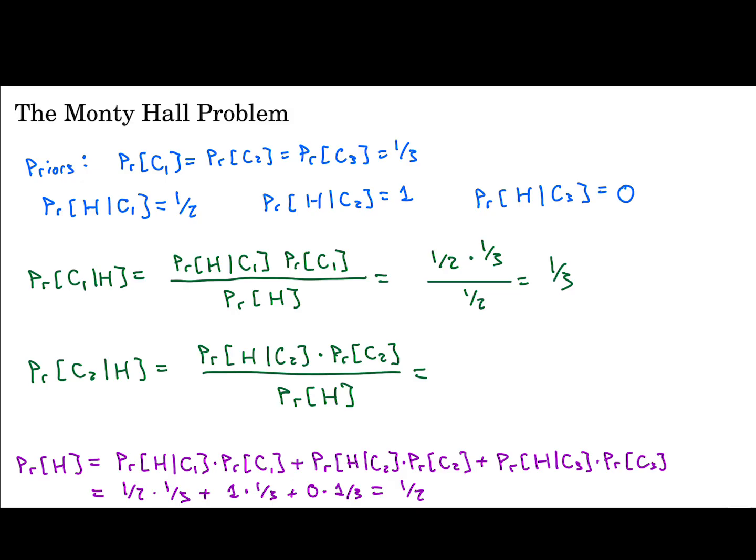So h given C2 is equal to 1, times 1/3, divided by half, and so this will be equal to 2/3.